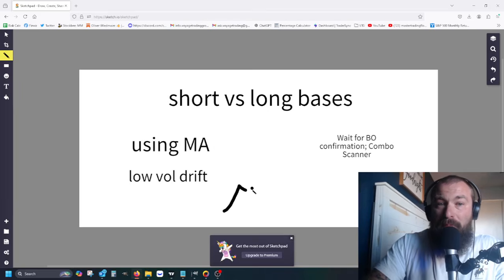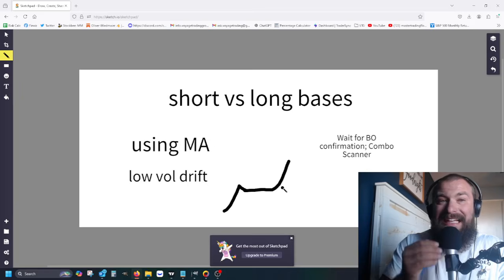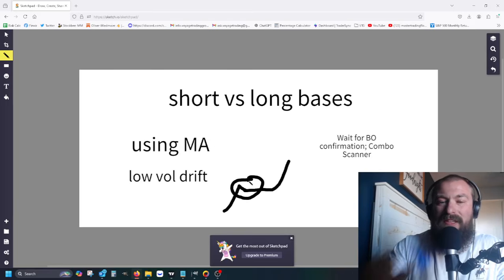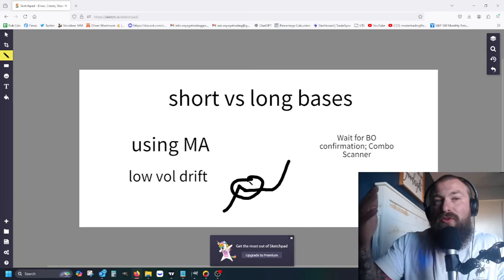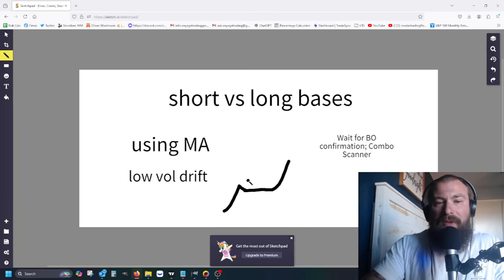But a stock doesn't always have to have a big momentum burst and then a small base. It can have a big catalyst move, and then it can drift for a few weeks and then move up. So this is not necessarily a delayed entry because it's been several weeks. A delayed entry is really just within the first 2 to 7 days of that big gap up. The continuation breakout would be several, maybe 10 to 14 days later.